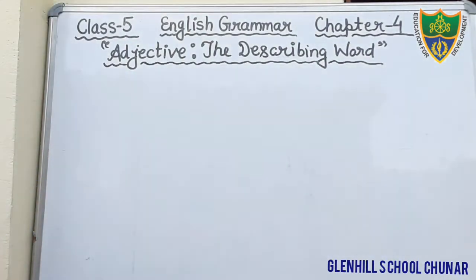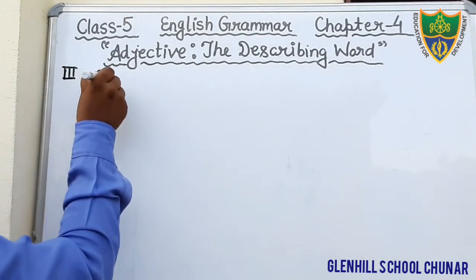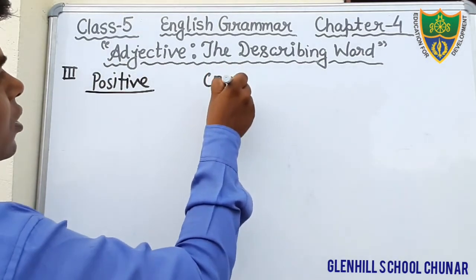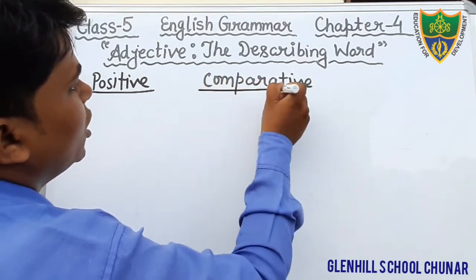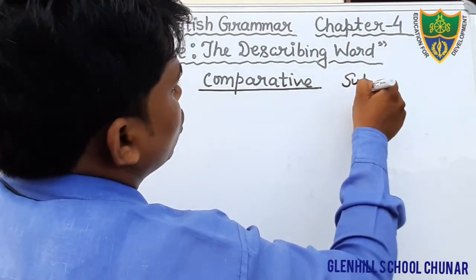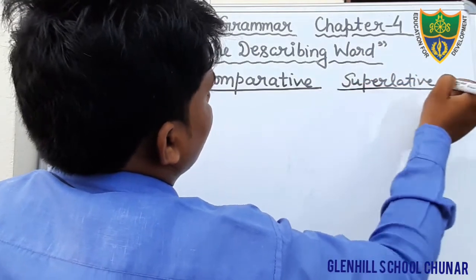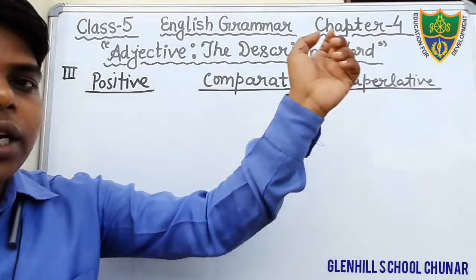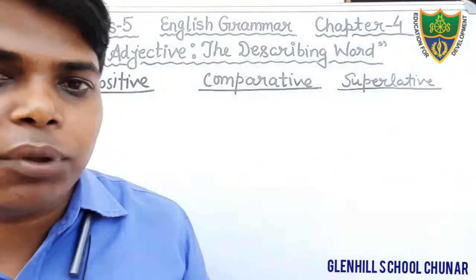You can see in your book at page number 20: positive degree, another column that is comparative degree, and one more that is superlative degree. And up to question number 8 we have completed.